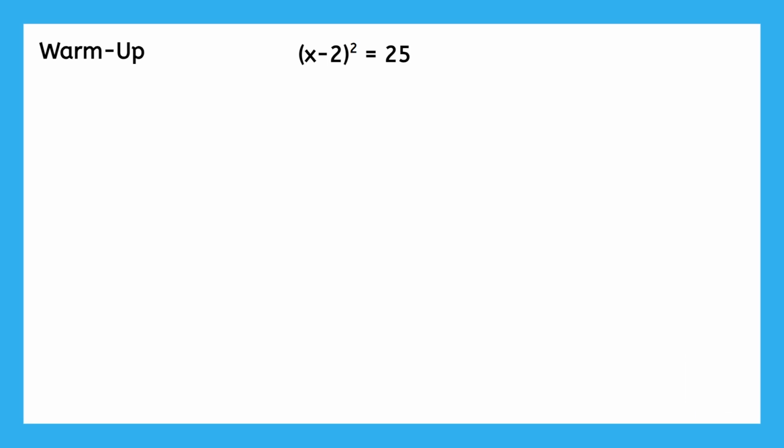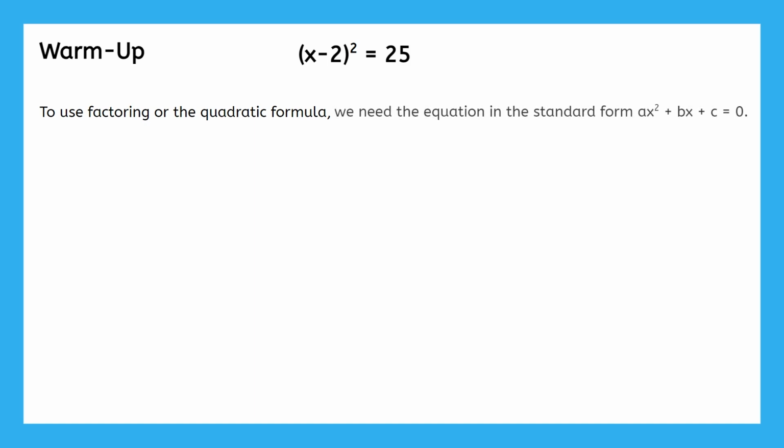Let's see how this equation would be solved with the methods we've learned so far. As mentioned in the PDF, to use factoring or the quadratic formula, we need the equation in the standard form, ax squared plus bx plus c equals 0. So some preliminary work is required.